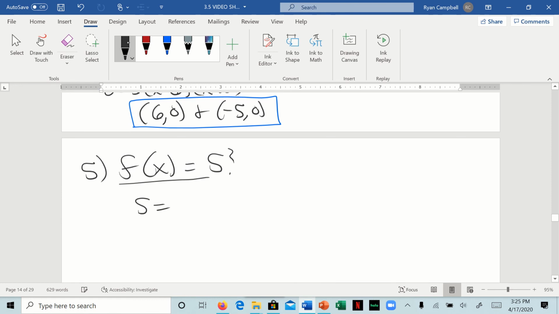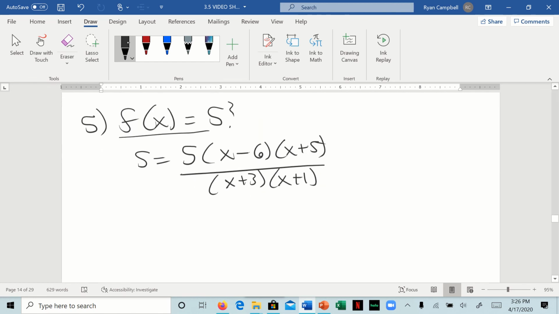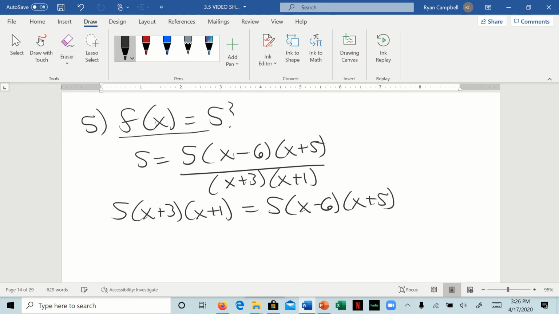So 5 equals 5 times (x minus 6) times (x plus 5) over (x plus 3) times (x plus 1). So we can multiply by the denominator and get 5 times (x plus 3) times (x plus 1) equals 5 times (x minus 6) times (x plus 5).